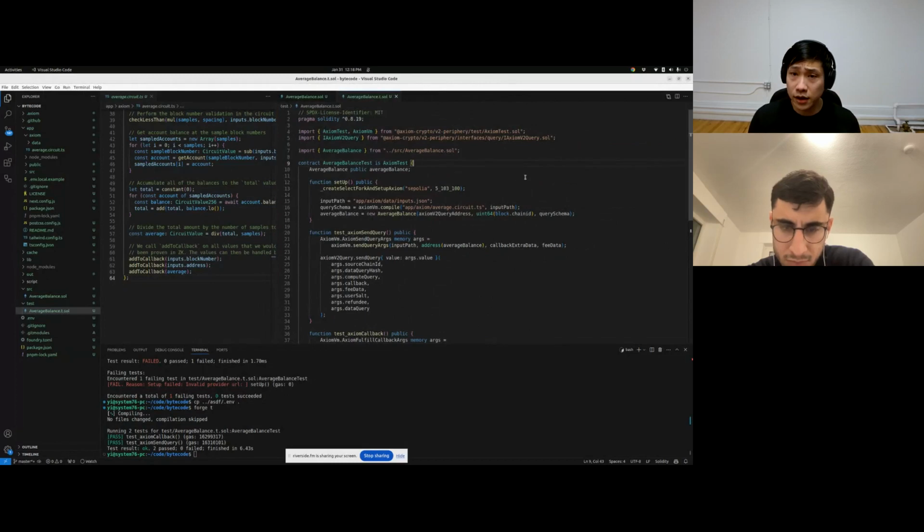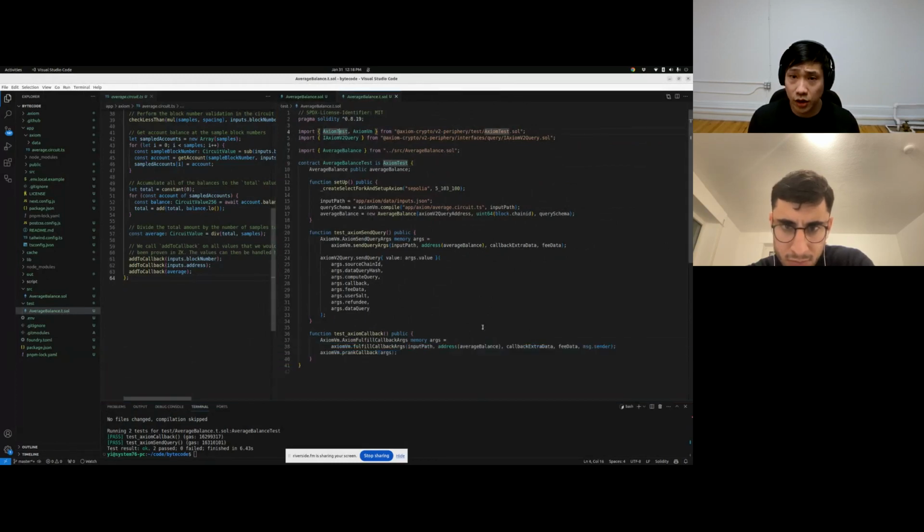So here what's going on is we created an extension to the Foundry test framework called Axiom test. You can use this as a drop-in replacement for Foundry test. It provides just an additional set of cheat codes which pertain only to Axiom.